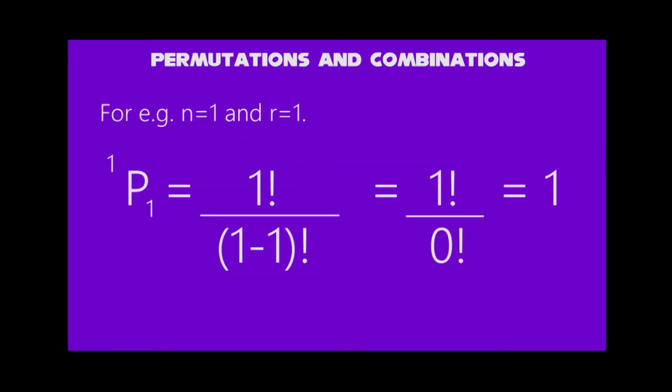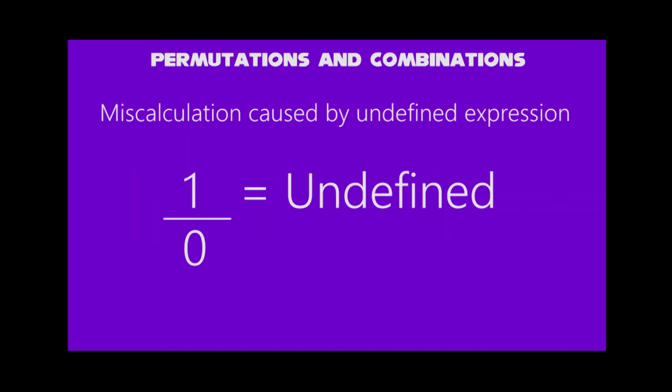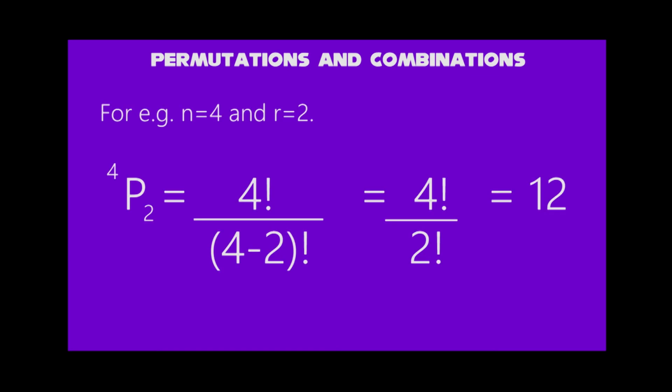For example, take n equal to 1, and r equal to 1. We get 1 factorial divided by 0 factorial equals 1. If you miscalculated, such that you did not put factorial on the denominator, oops, you are about to divide by 0, which is not defined. Now take one more example, n equal to 4, and r equal to 2.